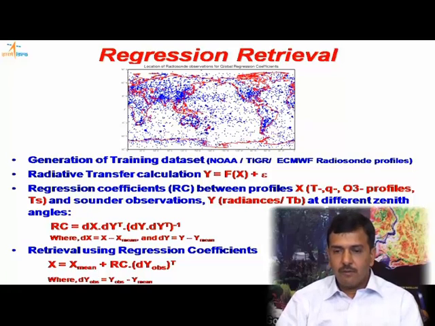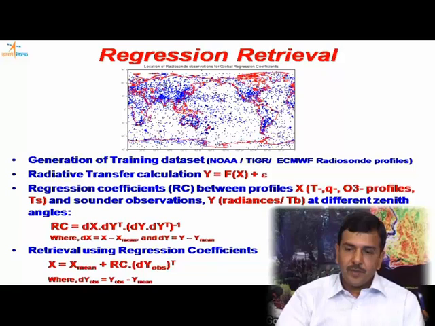However, if we want to derive regression coefficients before the launch of the satellite, so that as soon as the satellite is launched and we receive radiance, we start retrieving our atmospheric profile, in that case, what we do is we take the past data set of radiosonde.